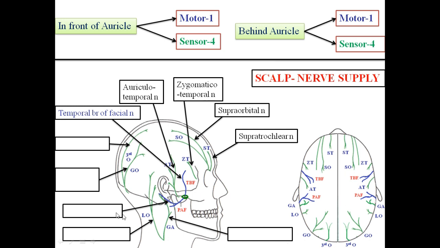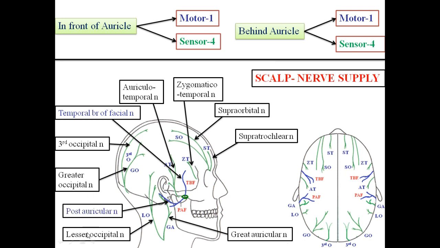Behind the auricle there are 4 sensory and 1 motor. Let us know about these nerves: the great auricular nerve, lesser occipital nerve, greater occipital nerve, third occipital nerve, and the posterior auricular nerve, which is the motor nerve.